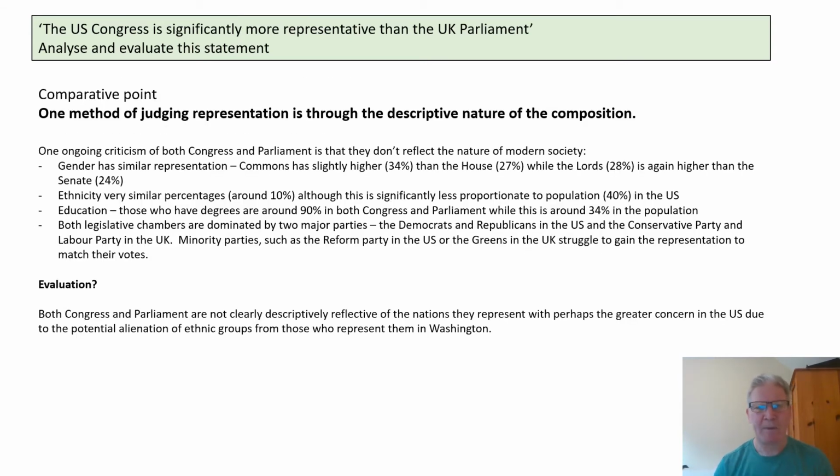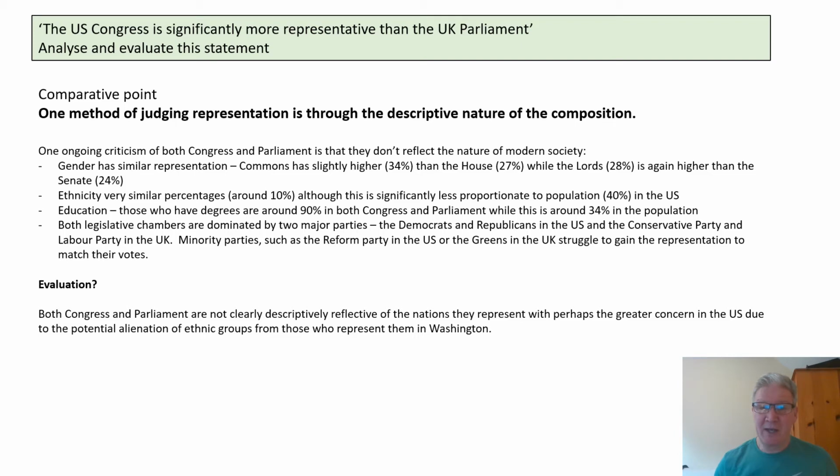Alright, first point. We're looking at the method of judging representation through descriptive nature of the composition. Does it look like the nation? When you consider Congress and Parliament together, in terms of gender, it's very similar in many ways. You could almost argue that Parliament is slightly higher in terms of the proportion of women, with 34% in the Commons as against 27% in the House of Representatives.